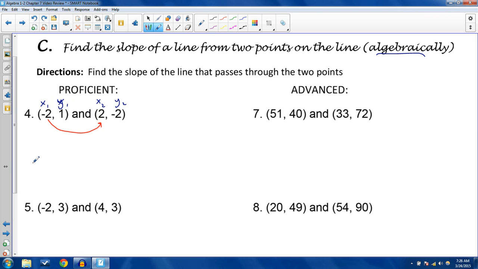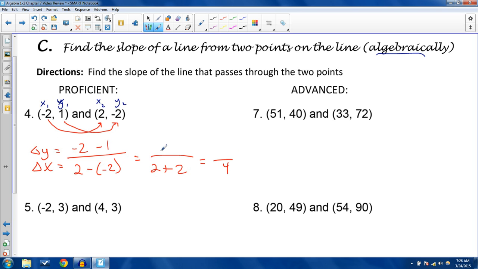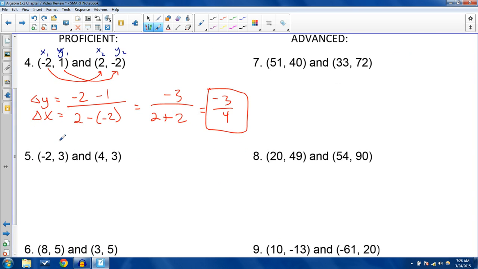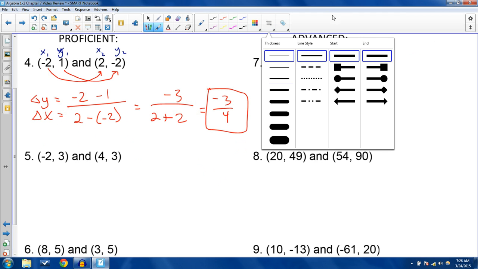Delta y, delta x, it doesn't matter. -2 to 2, you've got to do 2 minus -2, which is 2 plus 2, which is 4. And on top here, how much do you fall, literally, from -2 to 1? You've got to do -2 minus 1, which is -3. So that's your slope, -3 over 4. You go down 3 and over 4. So you've got to subtract one from the other, or you can literally count as you go through. Okay, number 5.